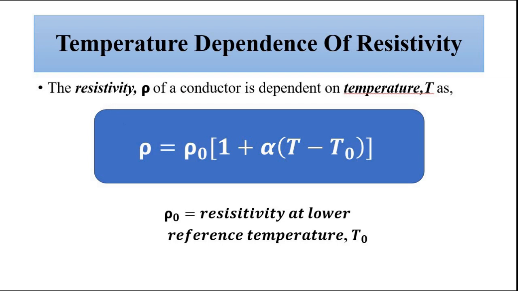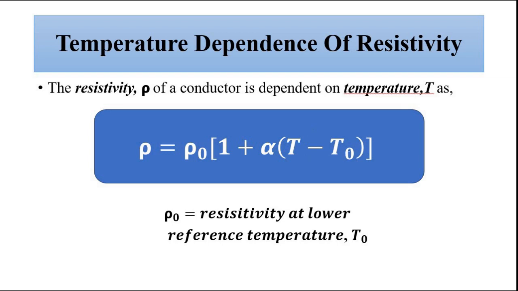The resistivity rho of a conductor depends on the temperature T as rho is equal to rho 0 into 1 plus alpha into T minus T0.